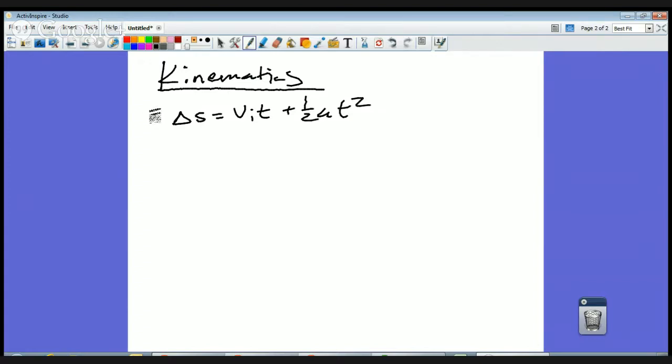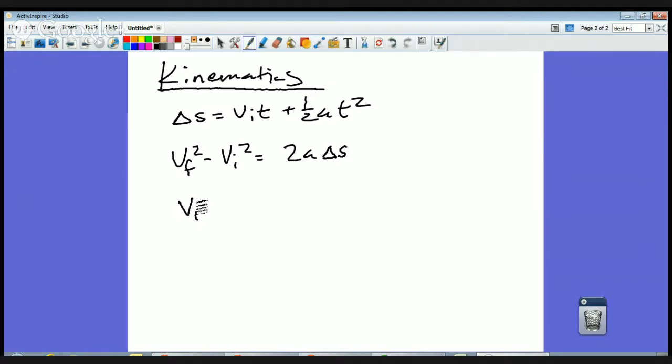You know that v_f squared minus v_i squared is 2aS. S is the displacement, or the change in the position. That's a delta.